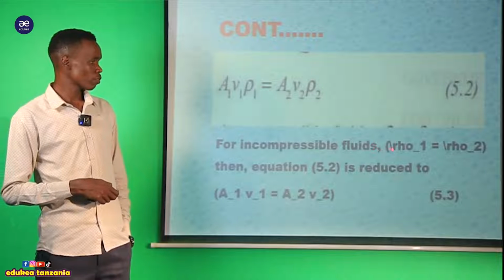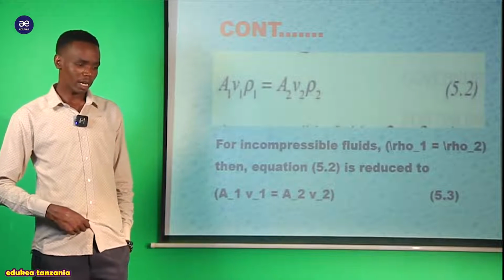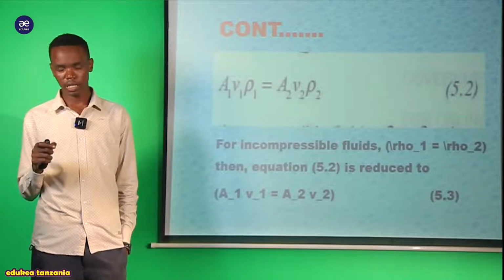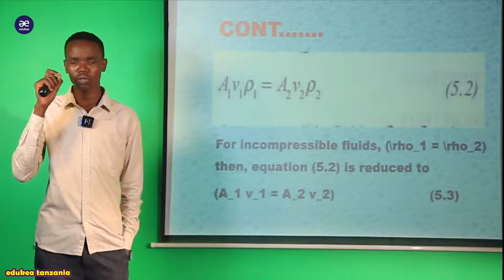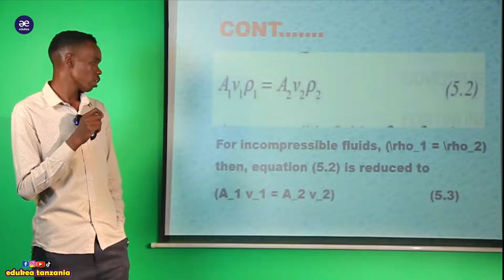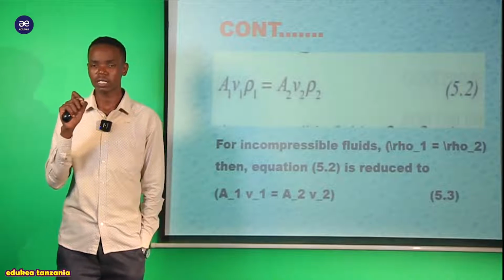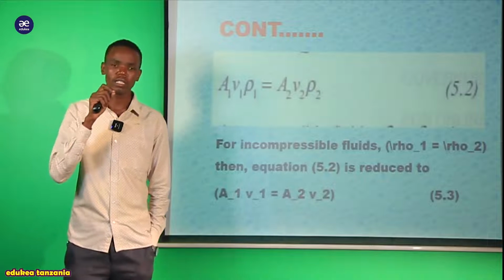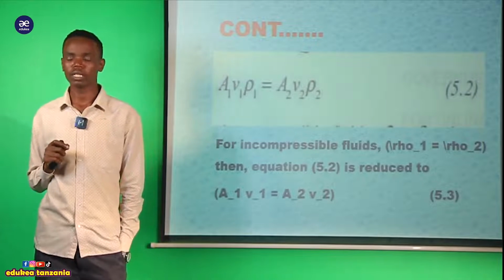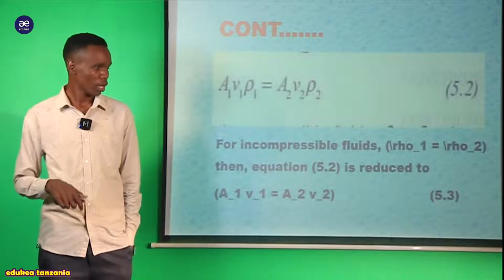So for an incompressible fluid, rho 1 is equal to rho 2. As we tried to see in the last session, for a compressible fluid the density must change, the density must vary. But for an incompressible fluid, the density of the liquid at one point must be equal to the density of the liquid at the other point.